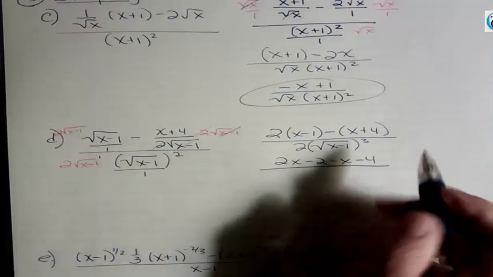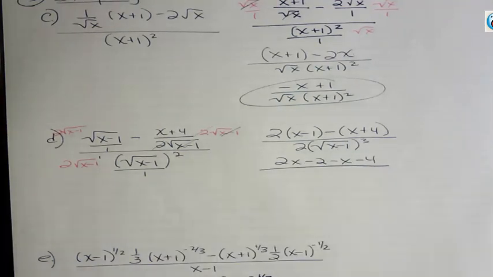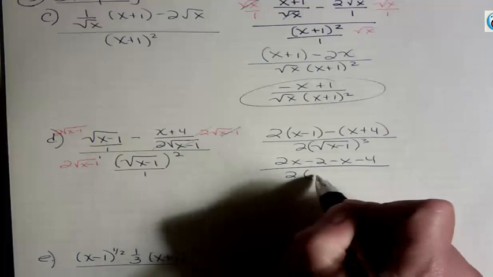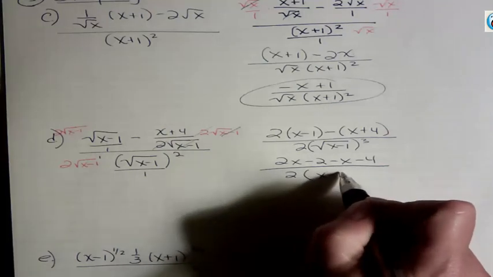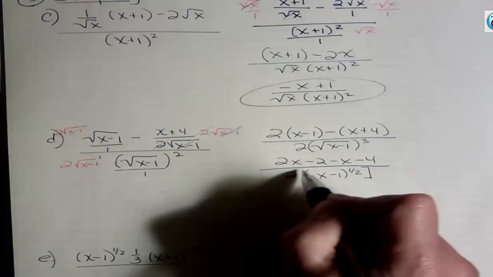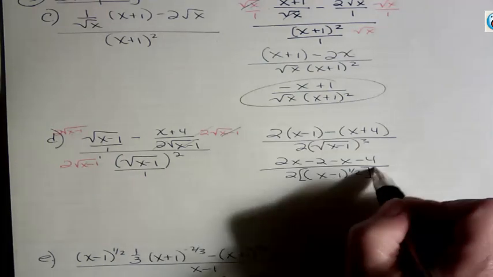And on the bottom, I'm not going to do anything with that except I'm just going to write it a little differently. I'm going to write that as x minus 1 to the 1/2 power instead of the square root to the 3rd power.